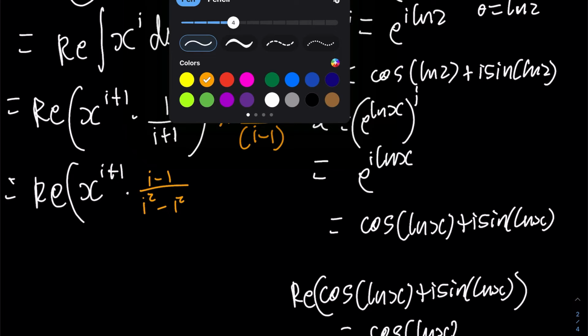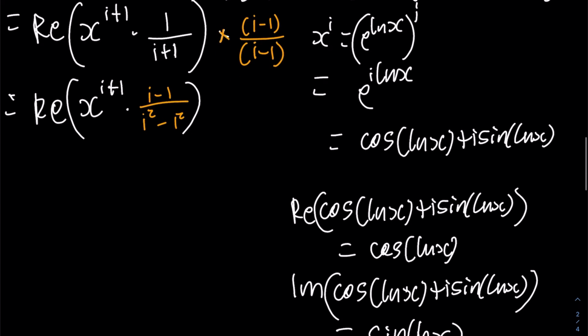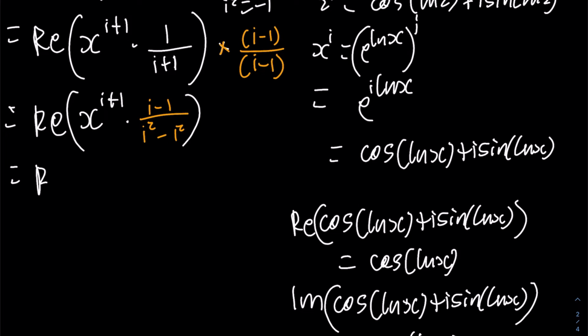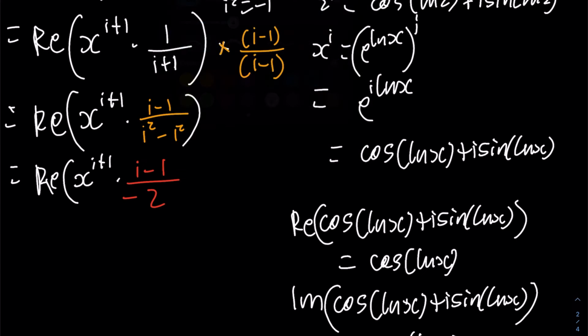So now this entire integral is equal to the real part of x to the i plus 1 multiplied by i minus 1 over, i squared is -1, 1 squared is 1, negative 1 minus 1 is negative 2. I just realized that I used a different color there, but it's all good.